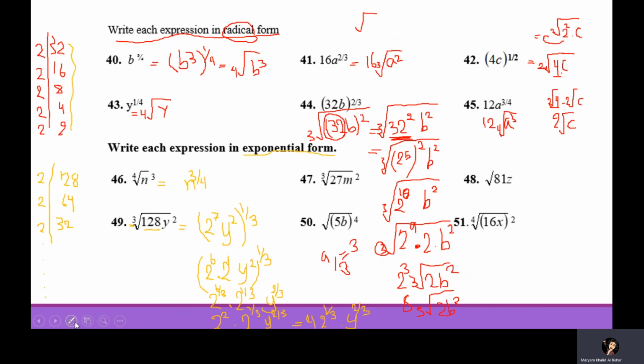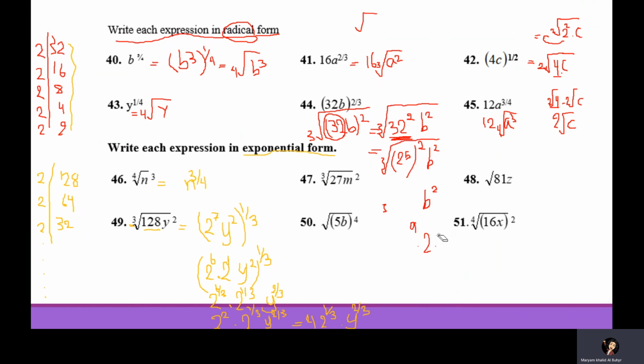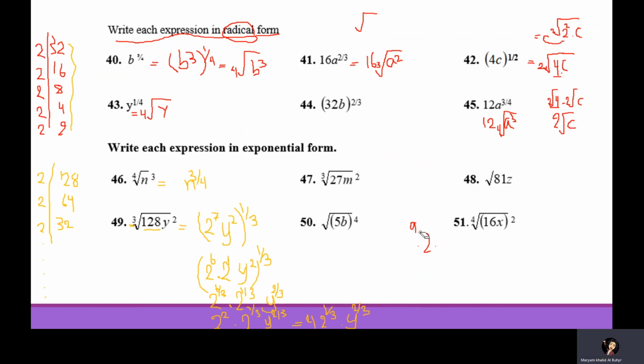So now allow me to raise this part so I can have enough space. So I'll continue. This one is easy, because you already know what is 27, which is 3 to the power 3, m to the power 2, overall for this radical symbol, all of this to the power 1/3.